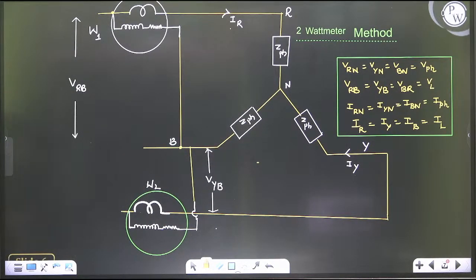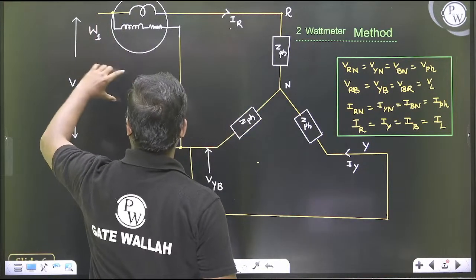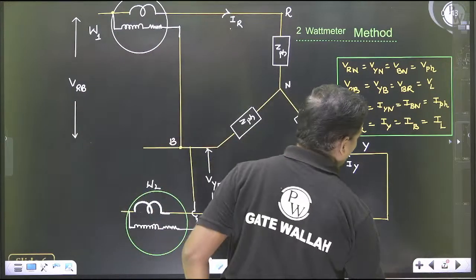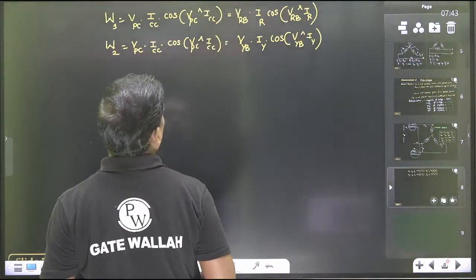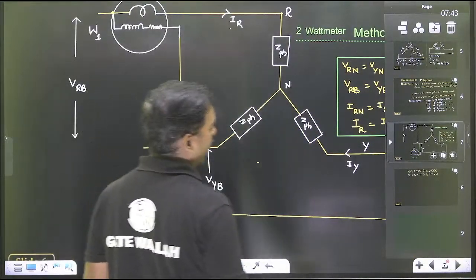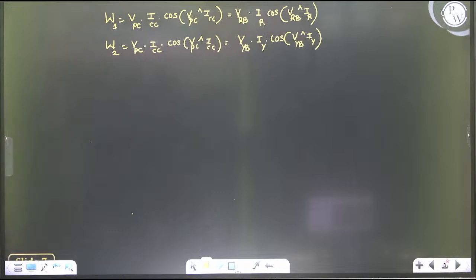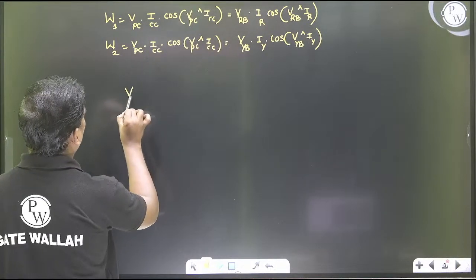Okay. How to do the derivation? So W1 is equal to VRB IR cos phi. W2 is equal to VYB IY cos phi. So how to solve this? Okay. So VRB we have to take first.